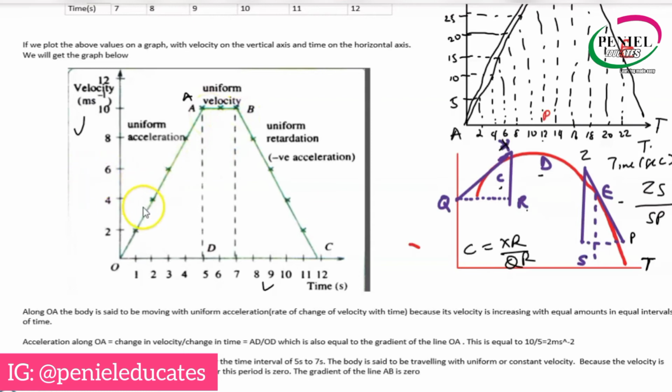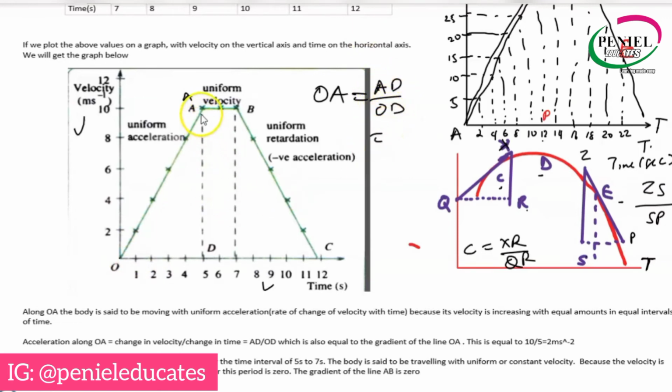For this particular one, acceleration OA will be equal to the tangent. If you want to find this line, it's going to be AD over OD.